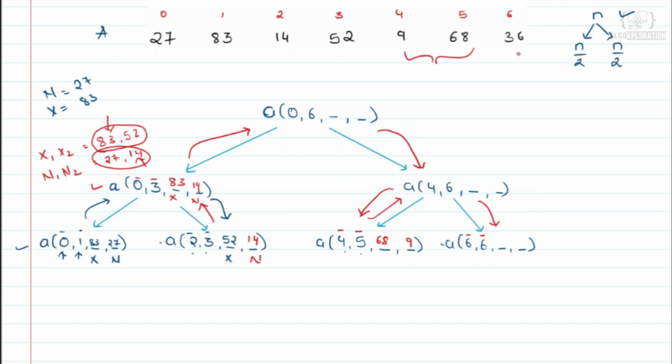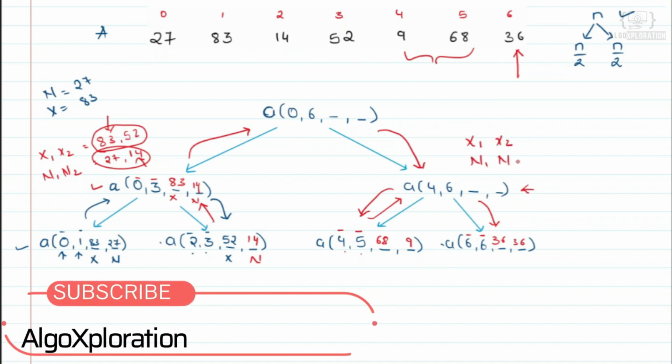And we found out the element at 6th is 36, which is a single element, so it will return 36, 36, because as I said, if the number of elements is 1, then we will not do any comparison, we will simply return that element itself as minimum and maximum. So now this function has 4 values. Let's say x1, x2, n1 and n2.